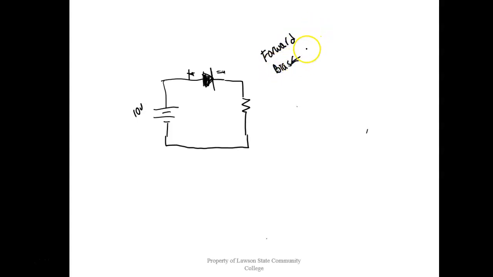Now bias, these are DC voltages applied to a semiconductor. We call them semiconductors, but actually they're not semiconductors anymore, because as soon as we dope them, they change their characteristics.